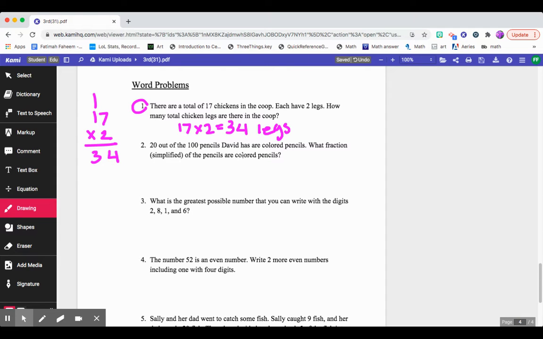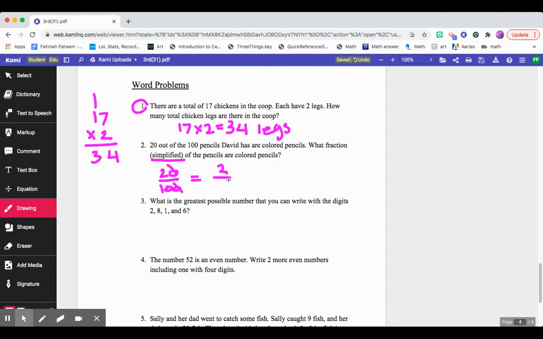20 out of the 100 pencils David has are color pencils. What fraction of the pencils are color pencils? So it's 20 out of 100, right? But it said you have to simplify. The easiest way to simplify numbers that end with 0 is to just cross out the 0s.